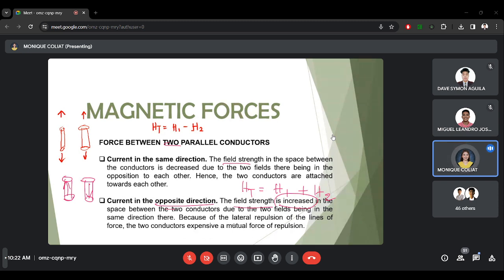Okay, so magnetic forces. So force between two parallel conductors. So this is an example of two parallel conductors. Now, when we say parallel, ano yung pumapasok sa isip niyo pagka parallel?